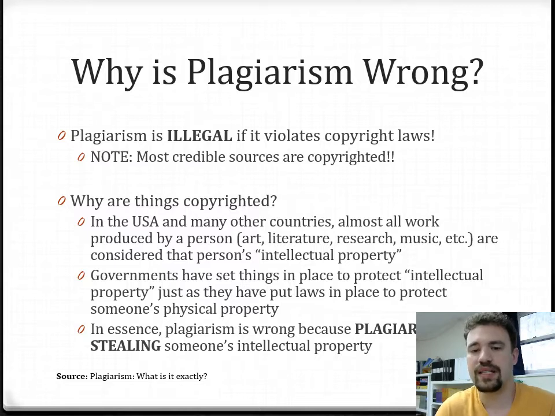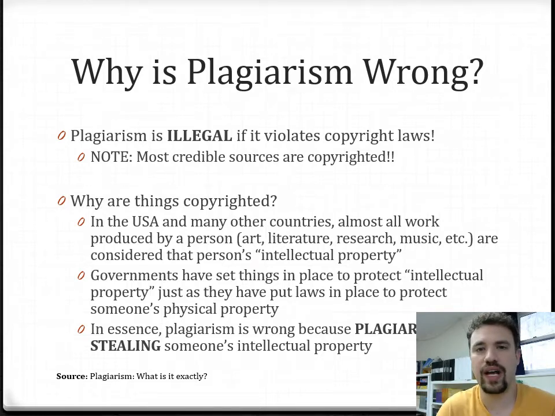Okay, and basically what that means is they've put laws in place to protect people's potential to earn money through something, just like they protect people's actual physical property. It's why things like downloading somebody's music or downloading a movie without paying for it is considered piracy and illegal, right?